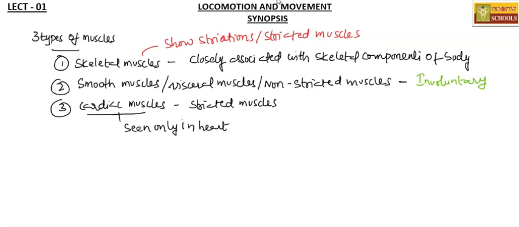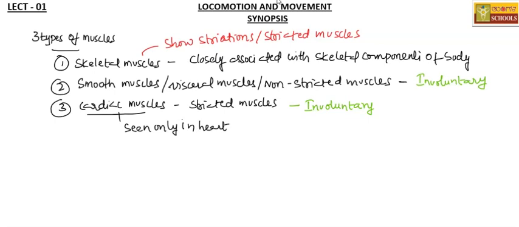Even the cardiac muscles, they are striated, but these are also involuntary. So they are under the control of the brain indirectly. So both the smooth muscles and cardiac muscles.